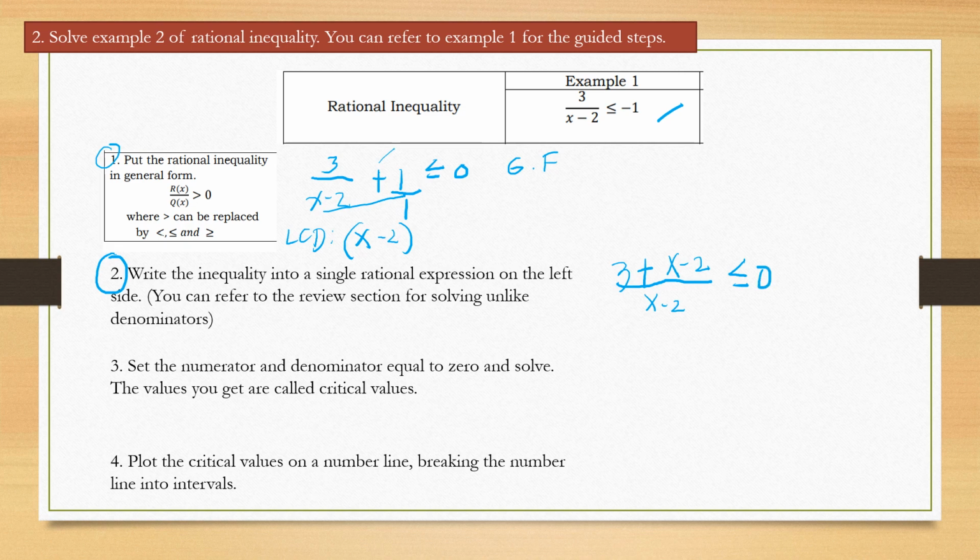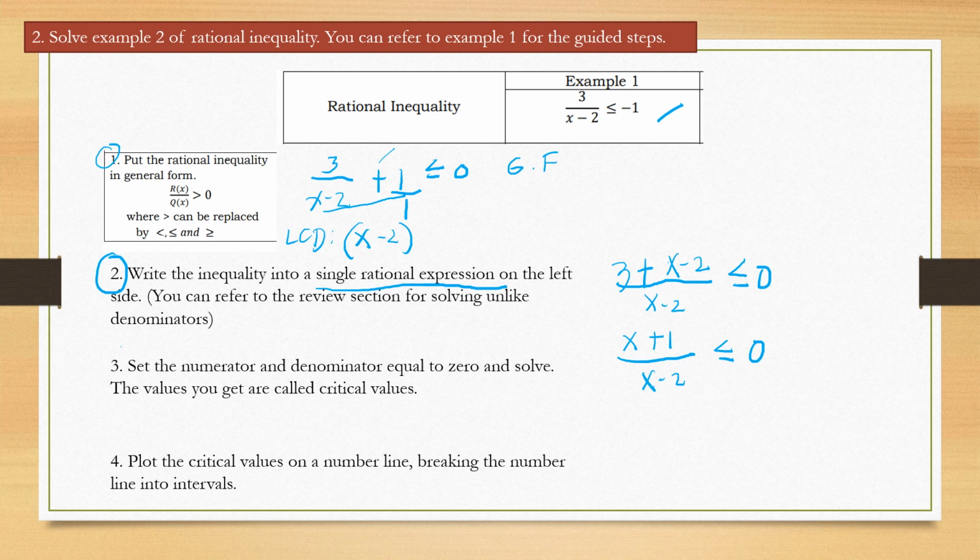And then, let us simplify this further. This will give us x, 3 minus 2 is 1 or positive 1 over x minus 2 less than equal to 0. So, nasa single rational expression ka na.